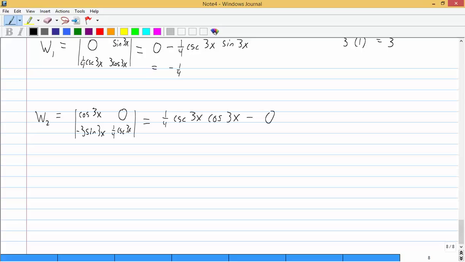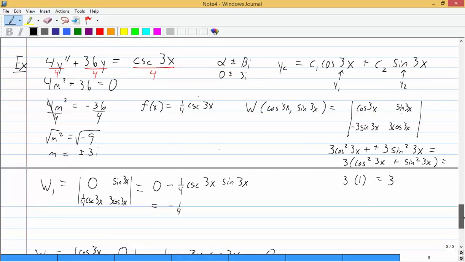Now, cosecant times cosine. Cosecant is equal to 1 over sine. So that's 1 over sine 3x times cosine 3x, so that's equal to 1/4. What's cosine over sine? Cosine divided by sine, cotangent 3x.